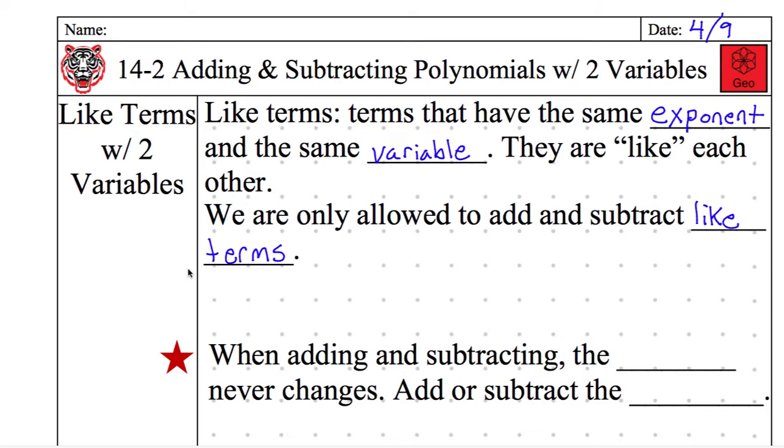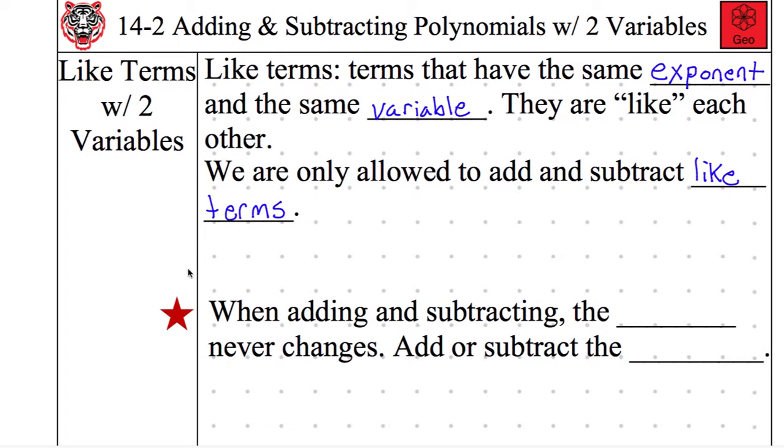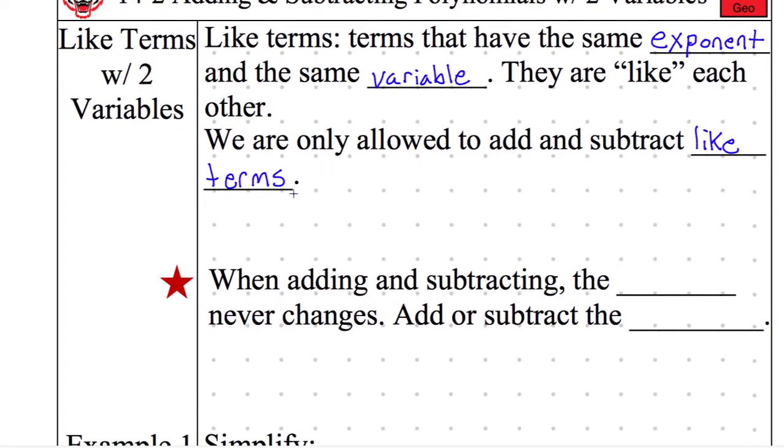All right, so that is our review, and let's add some more to our notes. I'm going to add 5 terms under here, and you are going to have to circle the 2 that are like terms. So, x, 3x squared, negative y squared, positive y, negative 17x.